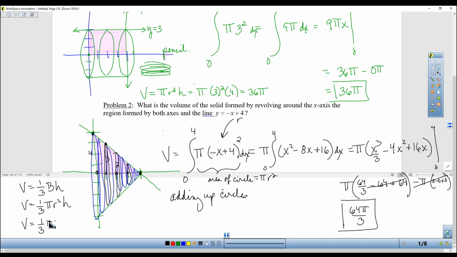And so it's 1/3 pi r squared is 4 times its height, which is also 4, which is 64 pi thirds. So I know I did it correctly, but I did it a way cooler way. I know, a way longer way, harder way, but a way that is now, we're about to get to a problem that you can't use a shortcut for, and there's not going to be a way to check it.